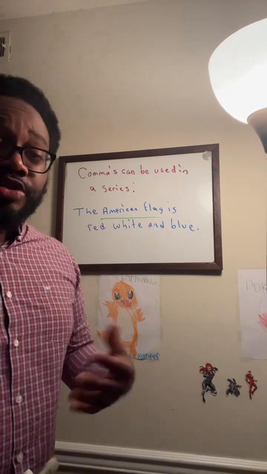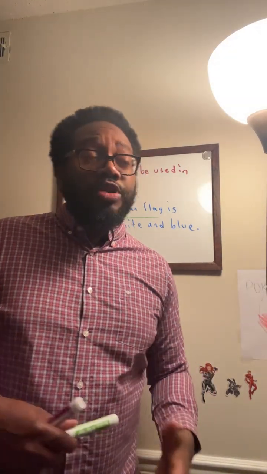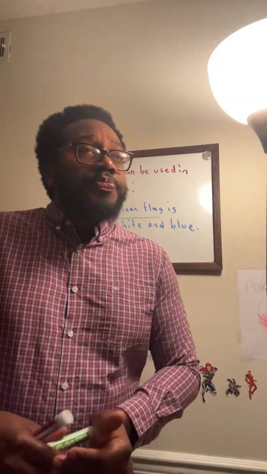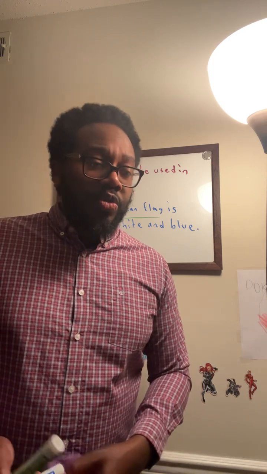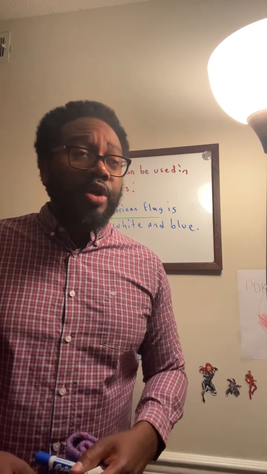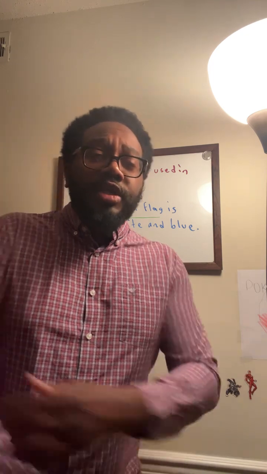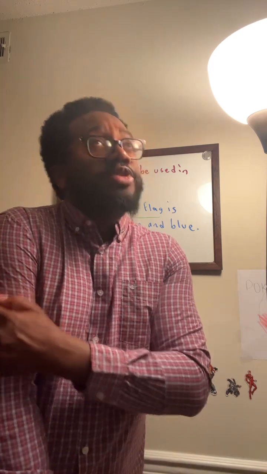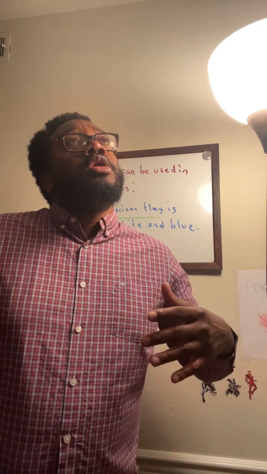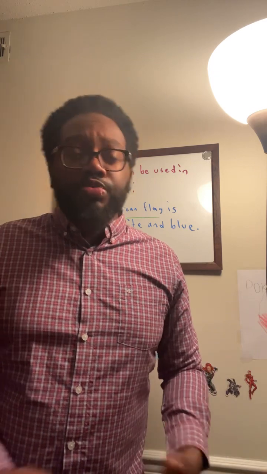And here's a hint. When you have more than two descriptive words, whether it's a noun, whether it's a pronoun, anything that's listed in that series. A series is a listing of things, a listing of items. It can be nouns, pronouns.